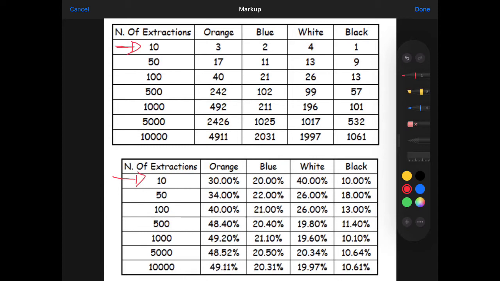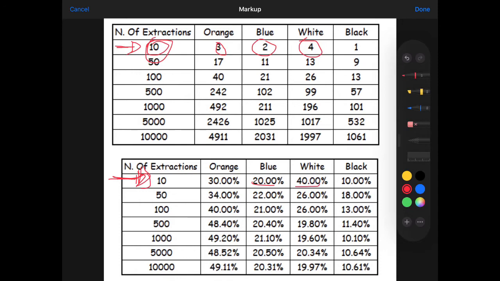Okay, how confident can I be about these probabilities that I've calculated, by doing 3 divided by 10, by doing 2 divided by 10, which is the 20%, by doing 4 divided by 10, which is the 40%, and all that stuff? Well, the answer is not very confident, because 10 is not enough times to be confident about an experiment.